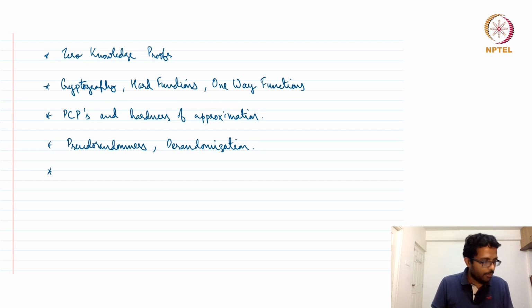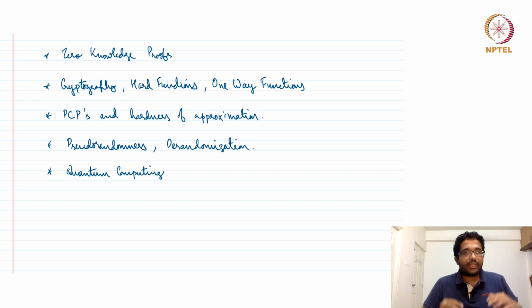A couple more interesting topics. One is quantum computation, quantum computing. In the quantum world, bits are not stored as 0 or 1, they are stored as a superposition of 0 and 1.